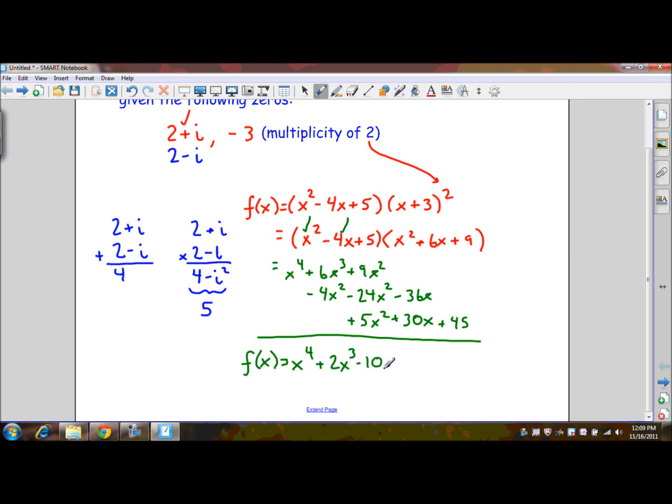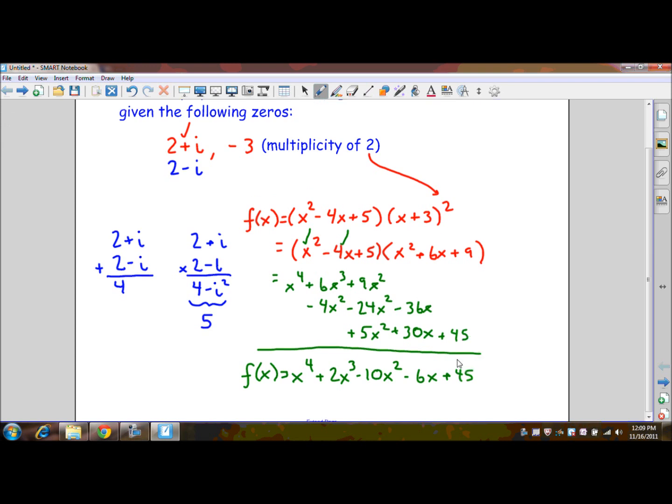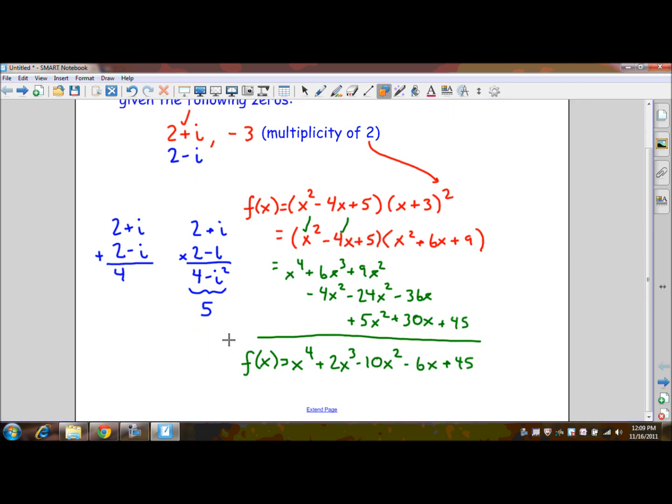Okay, so now when I put it all together, I can just go straight down. So my function is equal to x to the 4th plus 2x cubed. What is that? 9 and negative 24 is negative 15 plus 5 is negative 10.